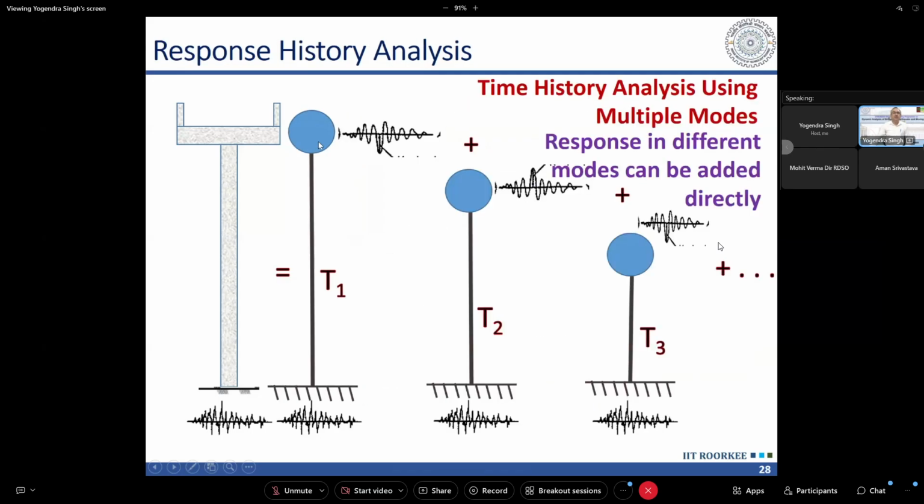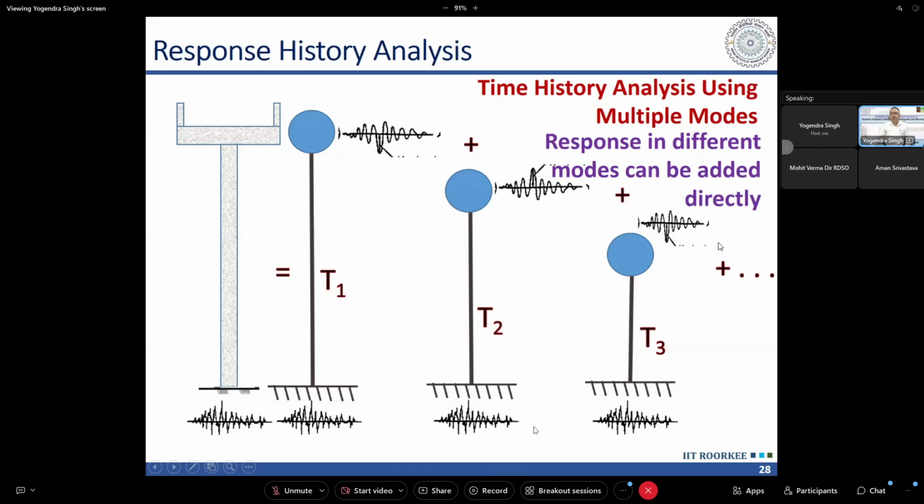We can overcome that by considering a number of modes. So we consider several modes. If we consider all the modes, the analysis of our structure will be the same as we will obtain by direct time history analysis of our structure by considering all the degrees of freedom. The same response we can get if we consider all the modes and subject the single degree of freedom system corresponding to each mode to the same ground motion.